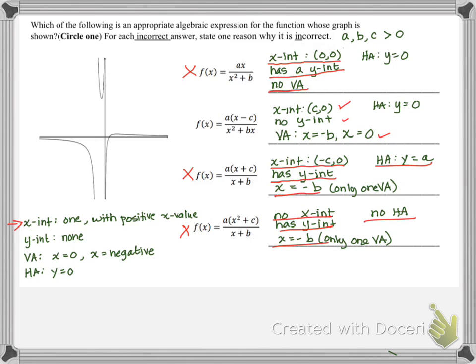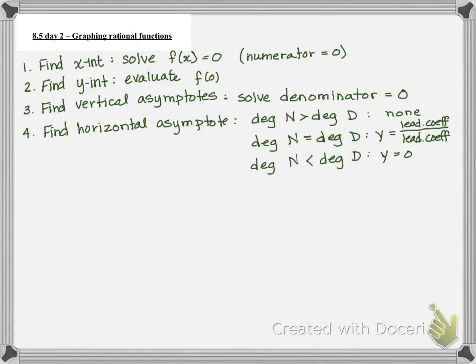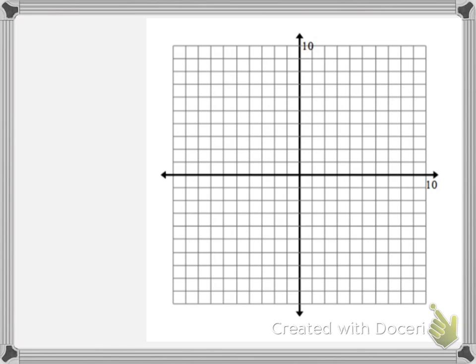Okay, so let's go through the procedure for graphing. Once we have all of these things, we have to think about the possibilities of what our function can do. So let's just look at a general example.